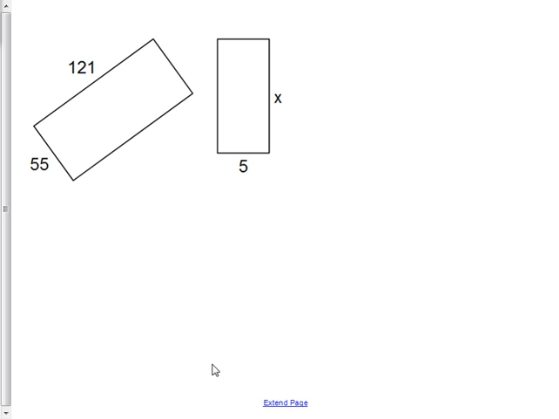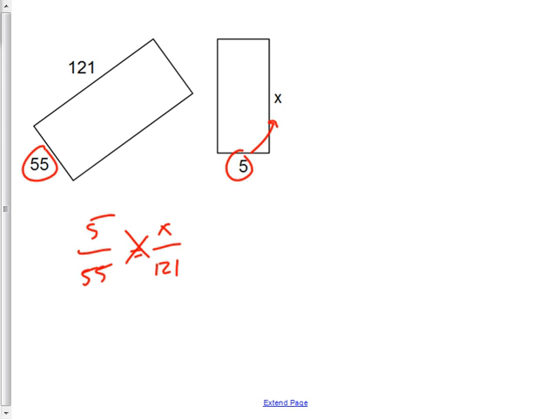All right, so now it gets a little bit trickier because the shape is turned. But again, we still want to match corresponding to corresponding. So this time I'm going to say 5 over 55 is equal to, now what goes with the 5? The x goes with the 5. So I'm going to say x over 121 because the 55 and the 121 go together.